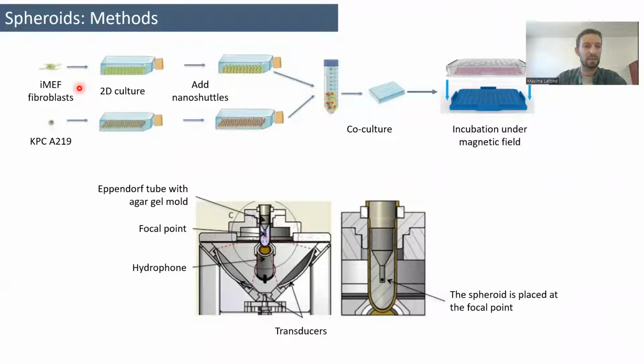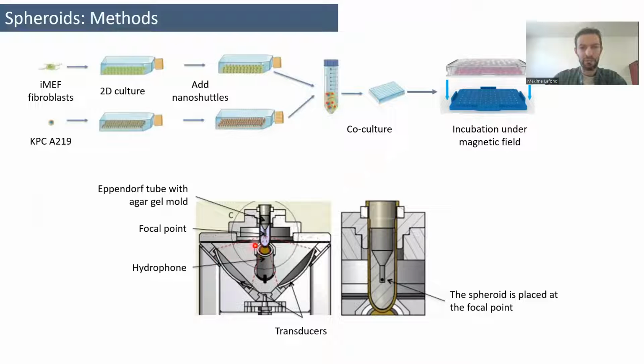Basically, we are co-culturing fibroblasts with cancer cells, and we add nanoshuttles, which are nano-sized magnetic particles that are in the cells, and we incubate the cells on a magnetic field, and because they are magnetic cells now, they will aggregate in a spheroid.